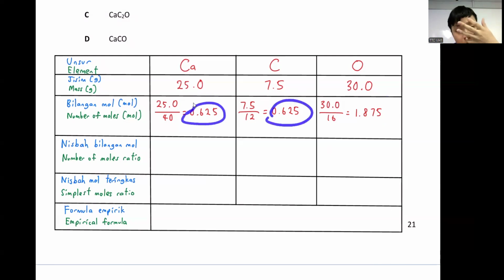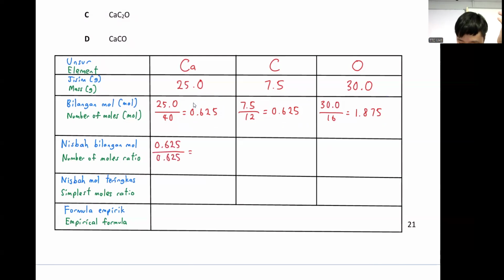These two are the same, so you divide everything by 0.625. So you get a 1:1:3 ratio.